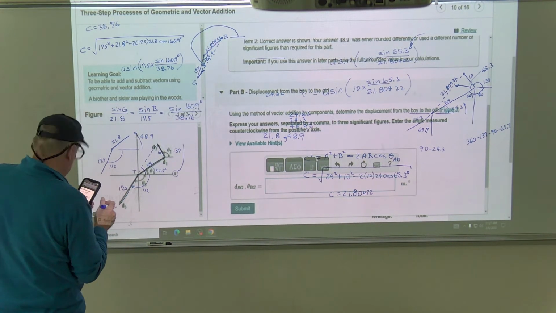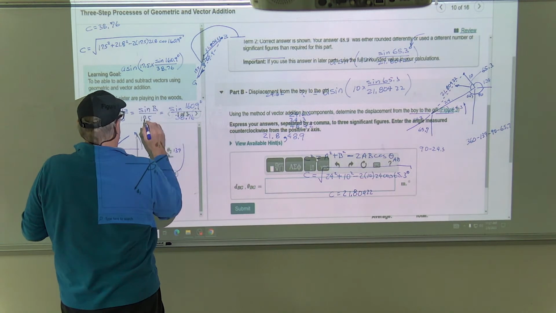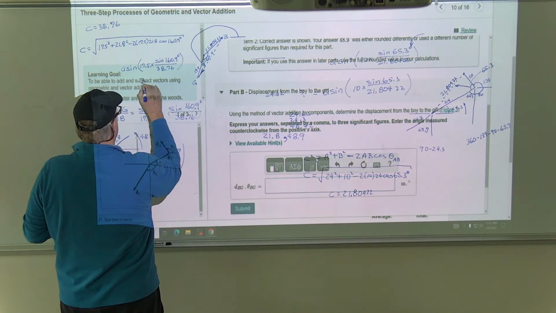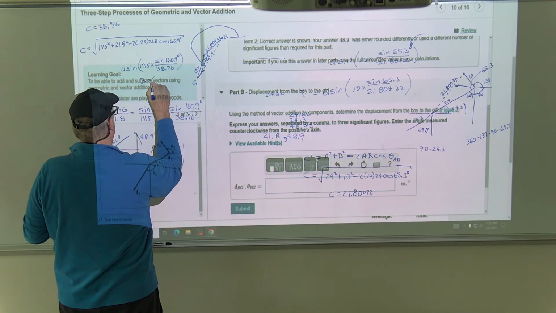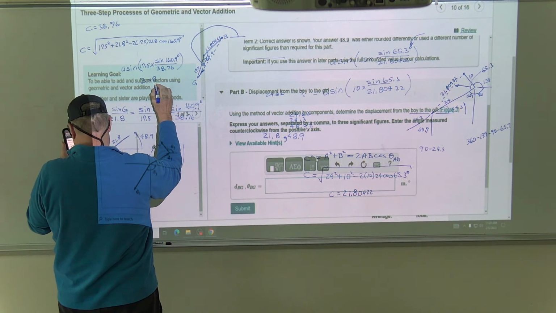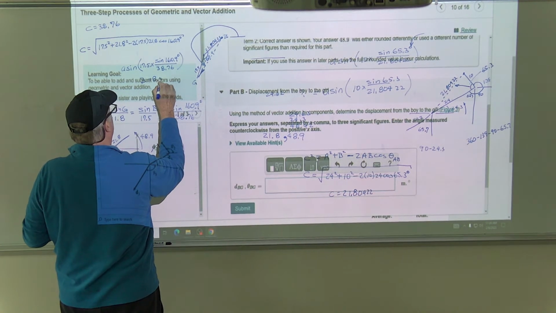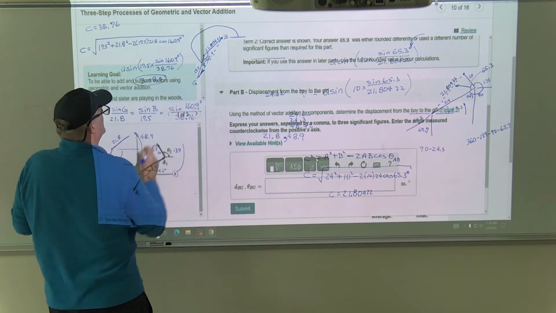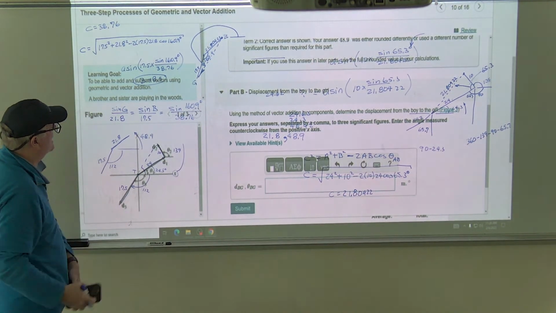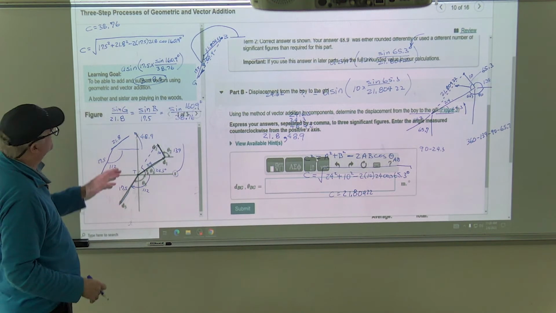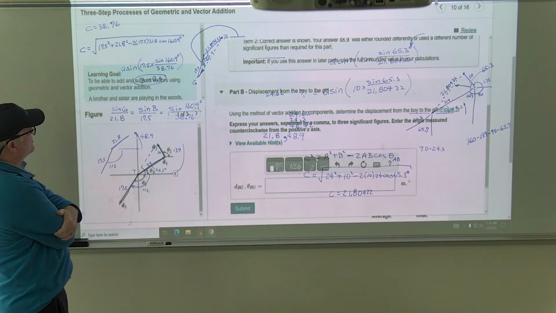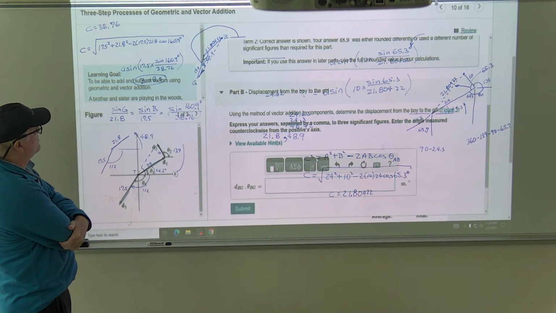I think it did. We got that angle B as being 8.5 degrees. Just kind of makes sense. Really, really tight sliver. So now the question is, where do I go from there?